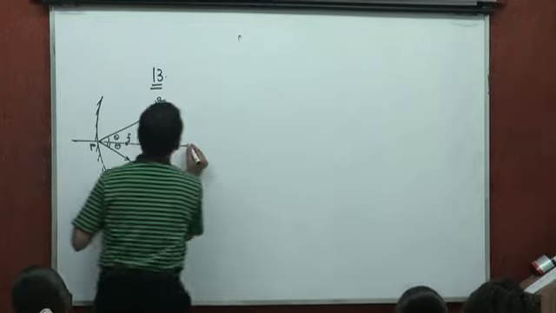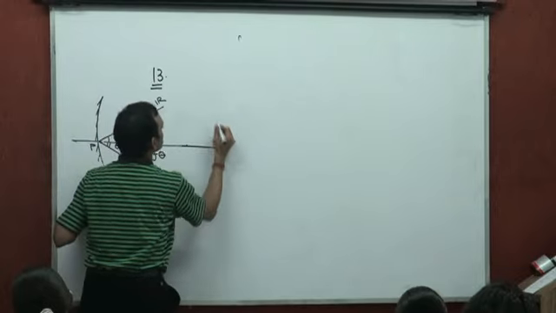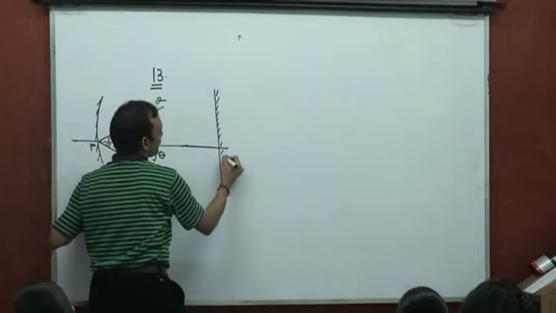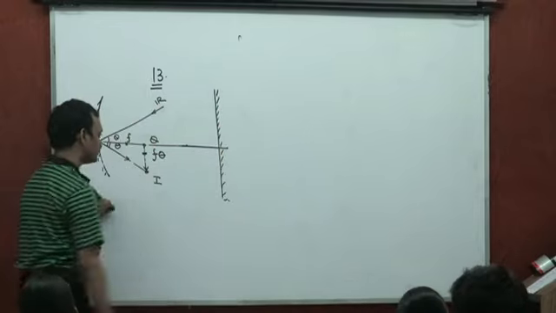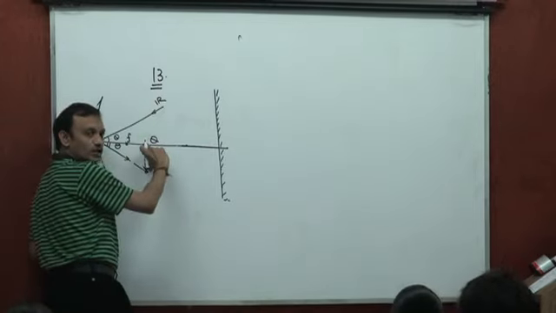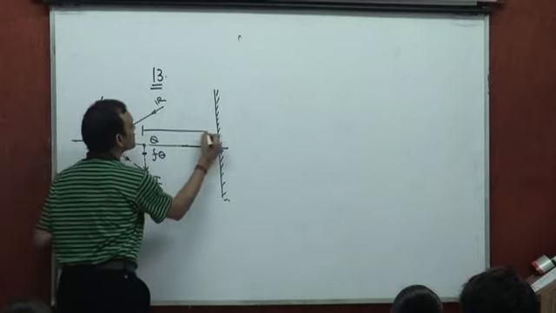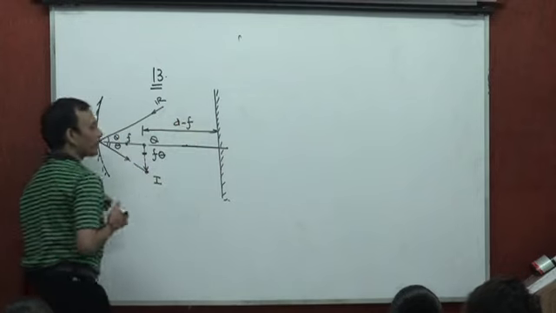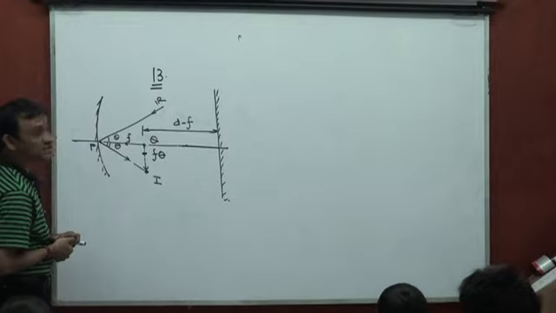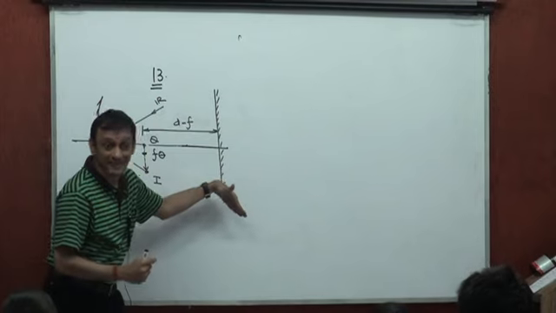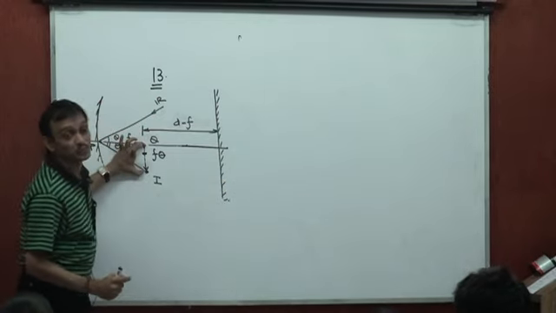Now, as far as the plane mirror is concerned, this extended object Qi is at a distance d minus f from the plane mirror. So for the second reflection on the plane mirror, this is the object.